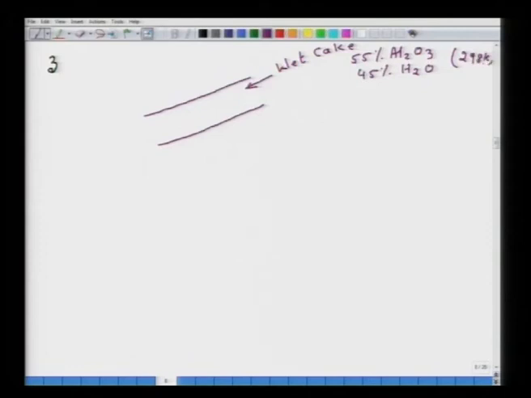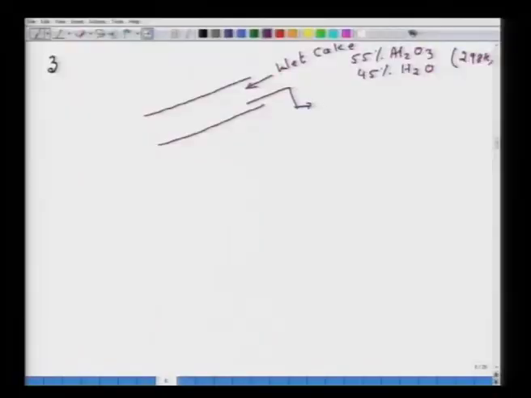I always prefer to write all the details of the problem on this material balance figure. Now, the flue gases, they leave at 800 Kelvin. Now, here fuel oil is supplied for combustion.